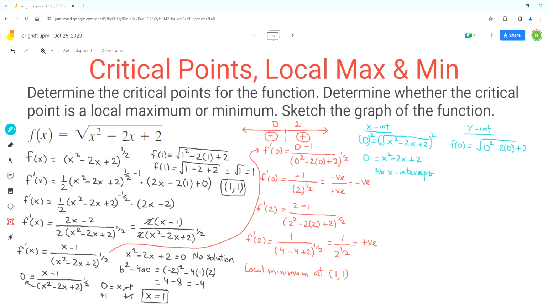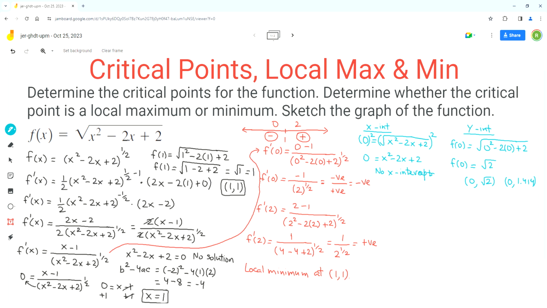The first two terms go away, so we are left with just f of 0 equals square root of 2. That means the y-intercept is (0, square root of 2). Now square root of 2 is 1.414, so that will help us plot the point. So there is only one y-intercept.